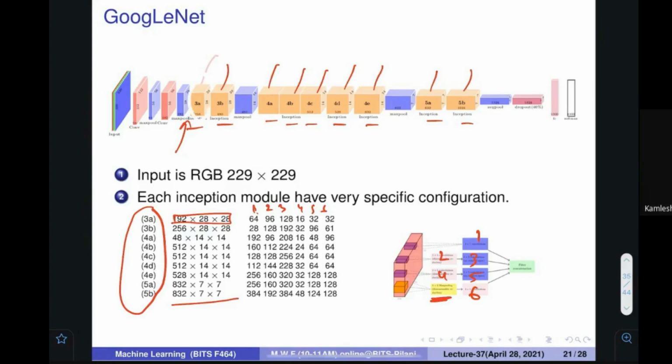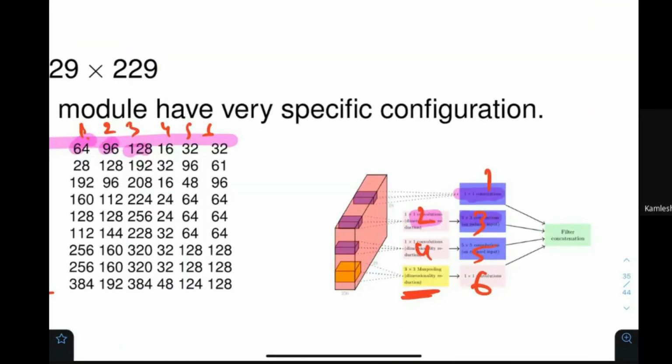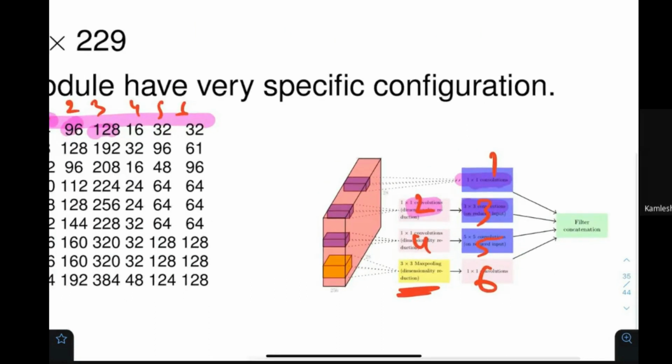If you want to understand what is being deployed at this particular place, you see this particular line. Input was 192 cross 28 cross 28, then 64 1 cross 1 convolution, 96 1 cross 1 convolution, then 128 3 cross 3 convolution, then 16 1 cross 1 convolution, then 32 5 cross 5 convolution, then 3 cross 3 max pooling.